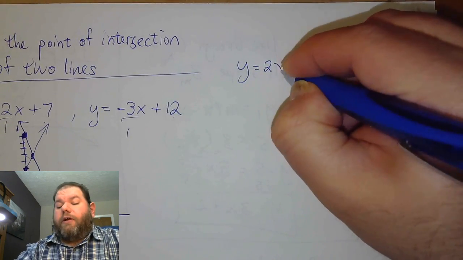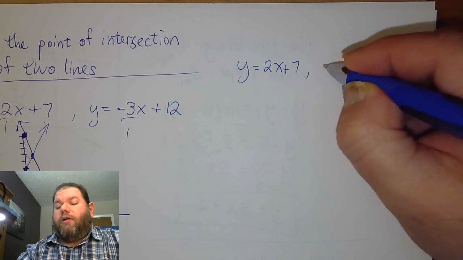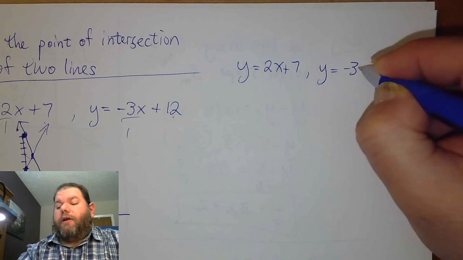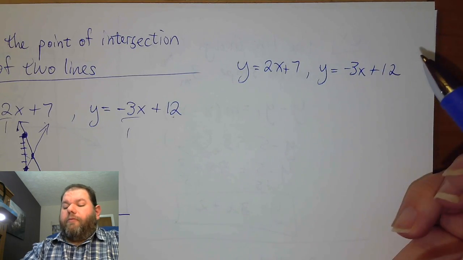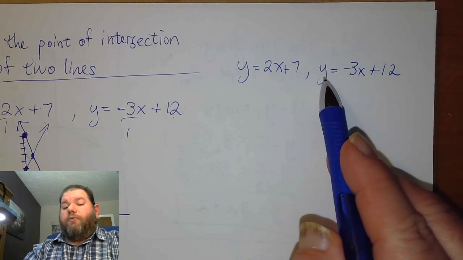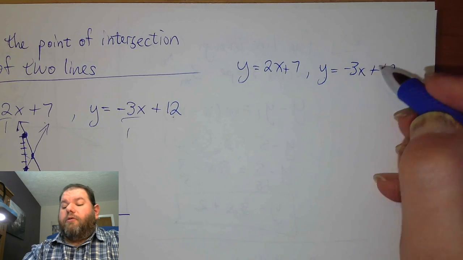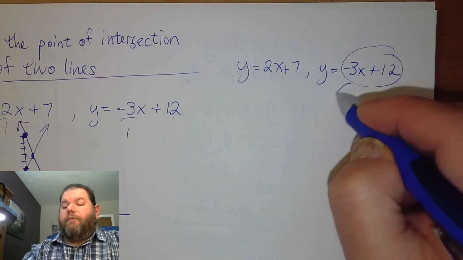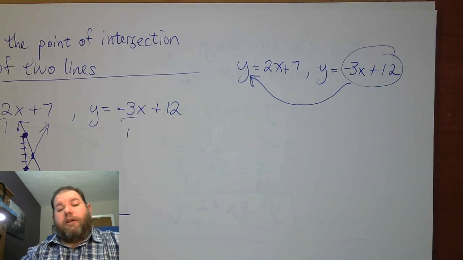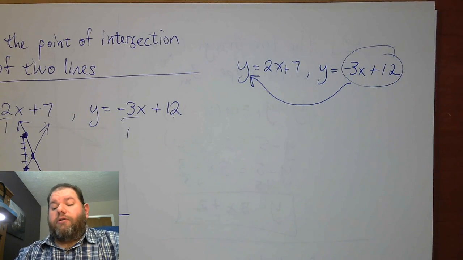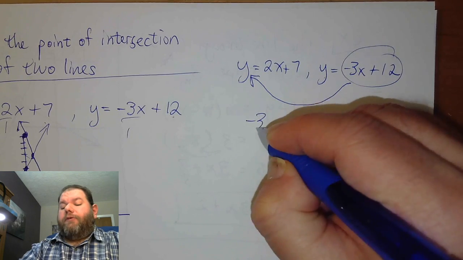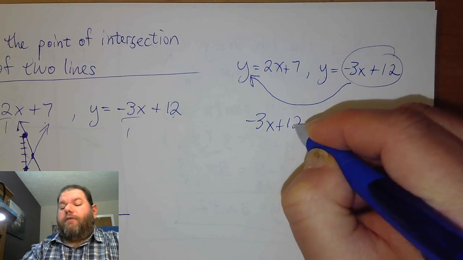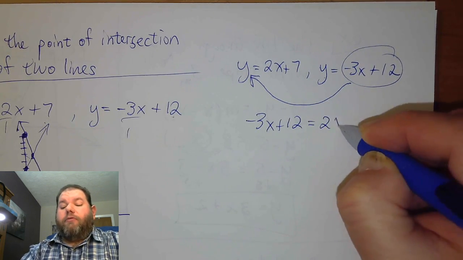If this is what y is equal to, then we can take this expression and plug it in for y in the other equation. And so we would say negative 3x plus 12 is equal to 2x plus 7.